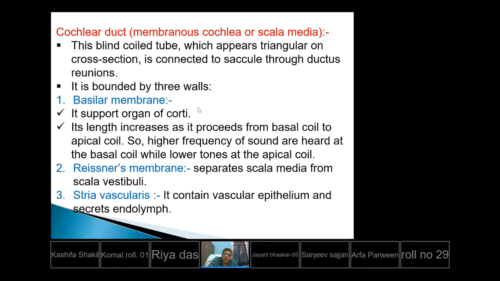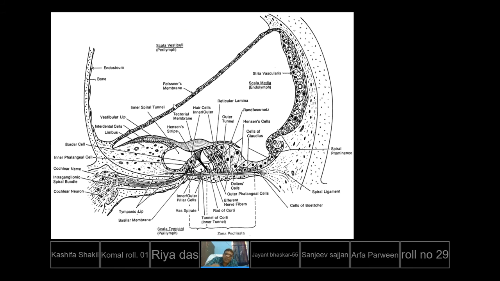It is bounded by three walls. Just see the figure. This is the scala media on cross section. So it is bounded by three walls.